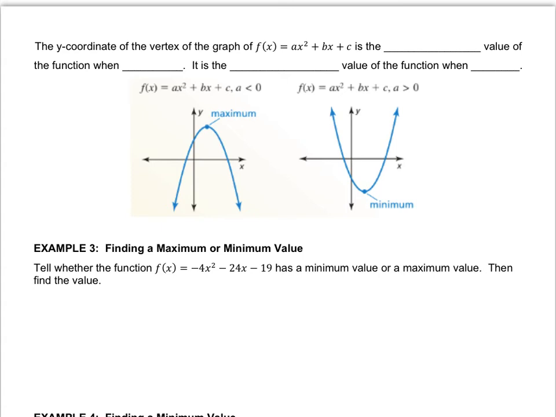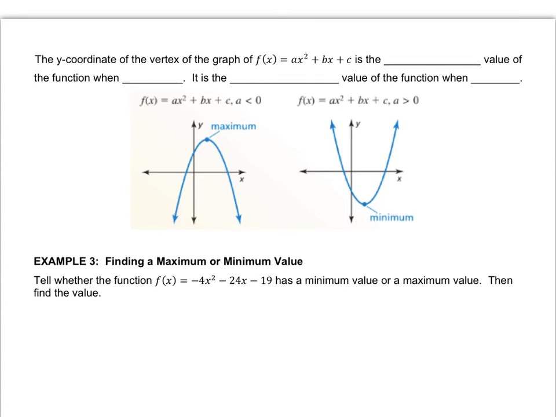A little more about the vertex. The y-coordinate of the vertex of our standard parabola is the highest point when the a value is less than 0, meaning negative. So it's a downward-facing parabola. Our vertex is going to be the highest point.